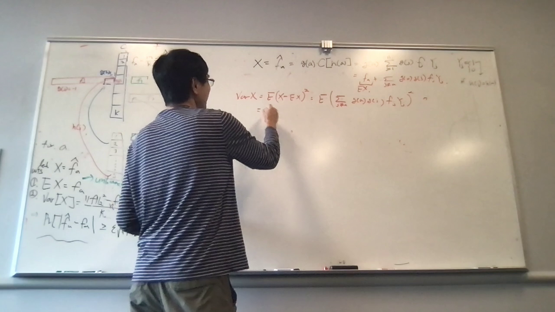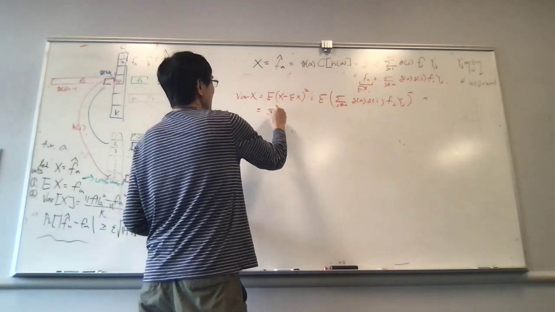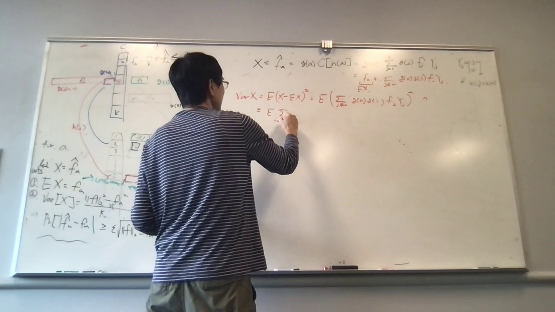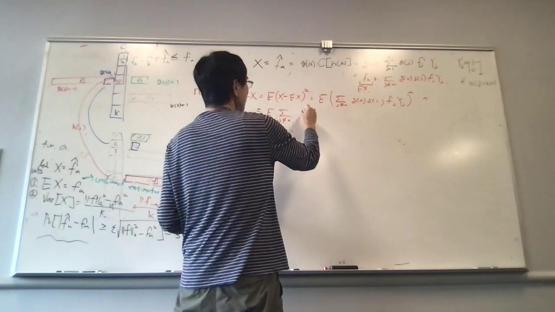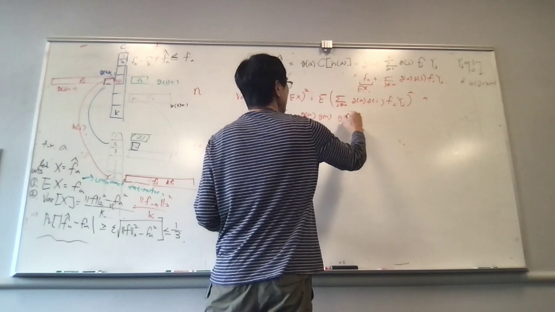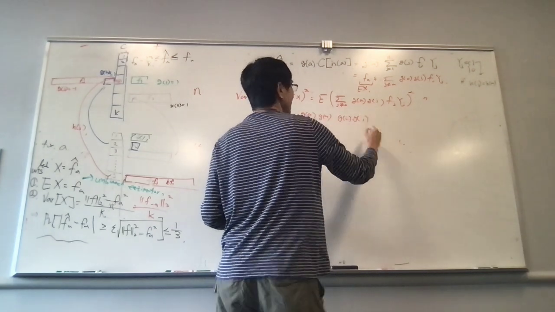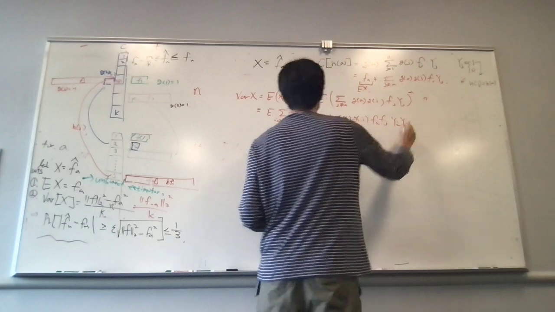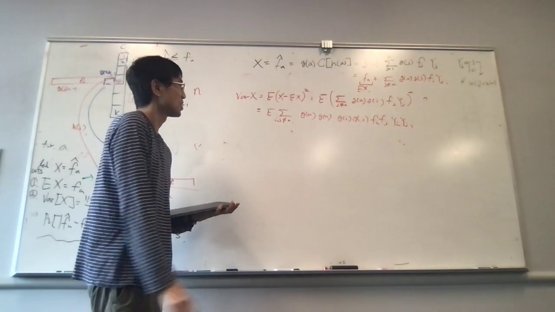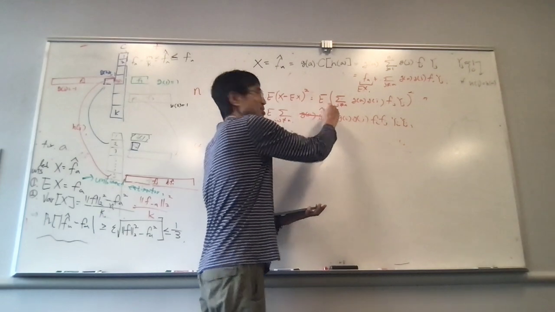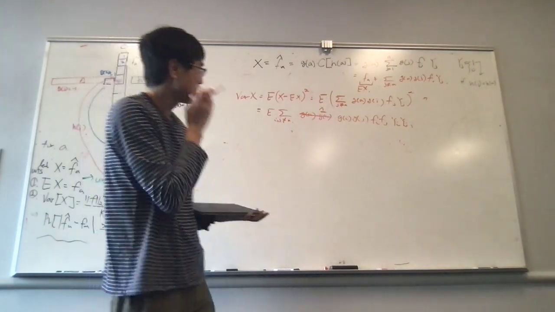So it's an expectation of the sum over I, J not equal to A of GA, GA, GI, GJ, FI, FJ, YI, YJ. But this is easy, right? G is squared, this is 1. Not a problem, right?